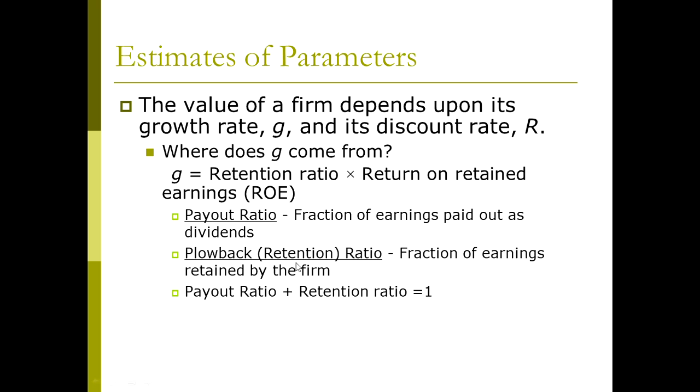So the plowback ratio or the retention ratio is going to be $3 divided by $5 earnings, 60%, which is the fraction of earnings retained by the firm. As you can see, the plowback ratio and the payout ratio always sum up to 1, because for the $5 earnings, you either pay it out as dividends or you keep it within the firm. There is no third option. So the payout ratio plus the retention ratio always equals 1.